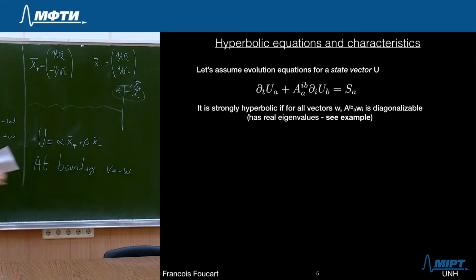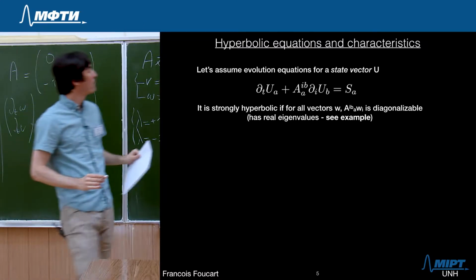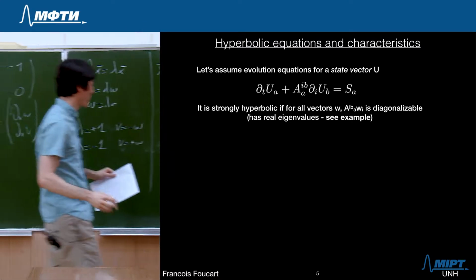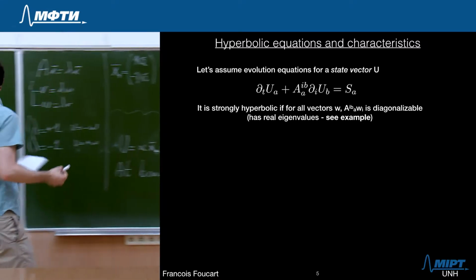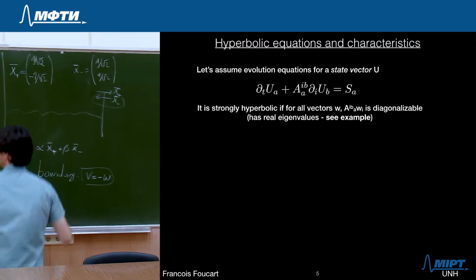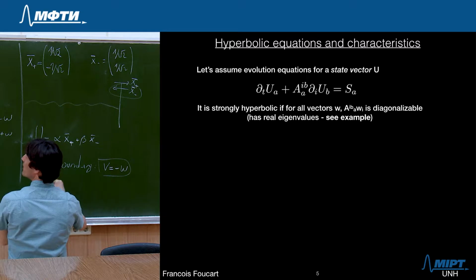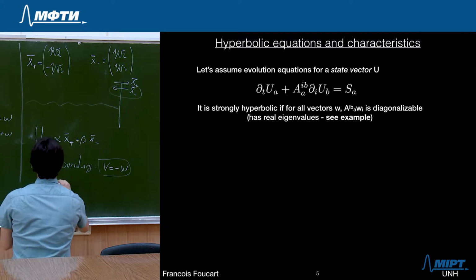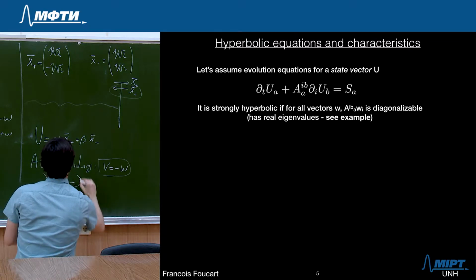I cannot have a mode which contributes to this left-going mode here, which is actually the condition that you would expect for no incoming wave at this boundary, because it's also given the definition of v and w. Let's see, ∂t u equals minus ∂x u.